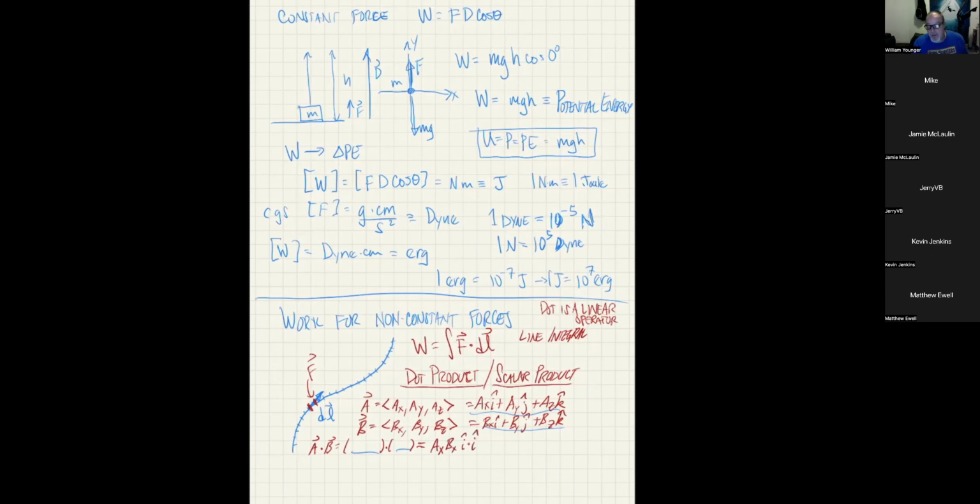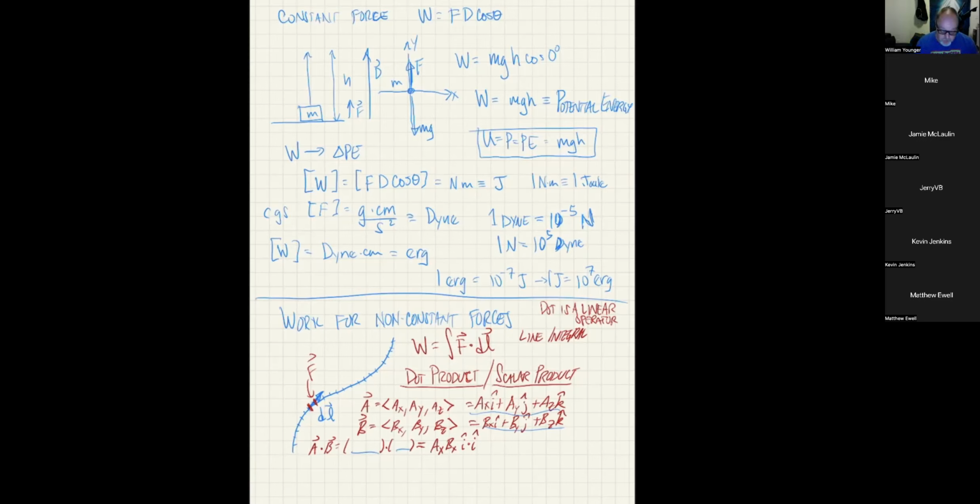Well, I can tell you that the dot product is something that we use to find a component that is parallel to the other vector. So when you're doing A dot B, you're looking for the part of A that's parallel to B or the part of B that's parallel to A. So you might guess that i hat dot i hat should give you 1. And in fact, that would be the result.